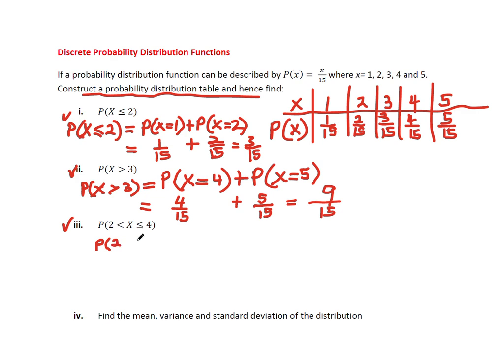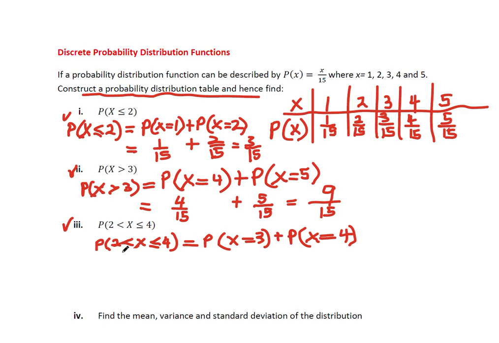So the probability that x is greater than 2 but less than or equal to 4 would be equal to the probability that x is equal to 3 plus the probability that x is equal to 4.